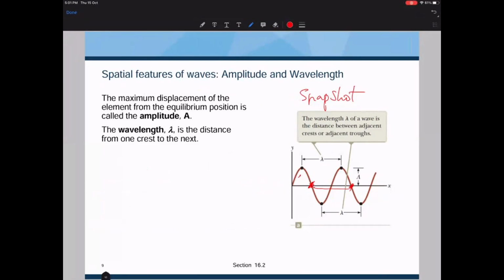And that is the minimum distance for the repetition. So that is the wavelength. A in this graph corresponds to the amplitude of the oscillation. Typically we consider the amplitude to be a positive value. If it is a negative value, we can just put it back into the wave equation later.